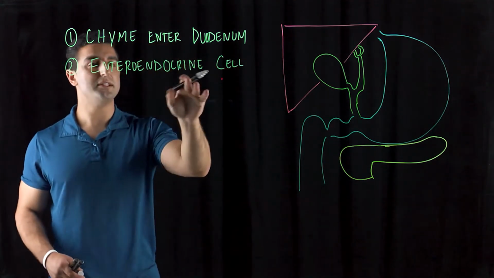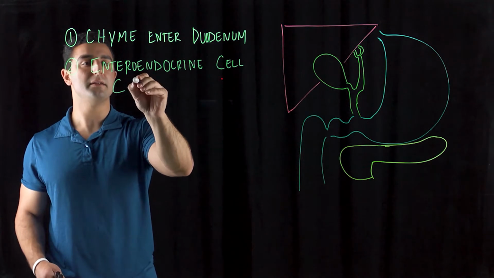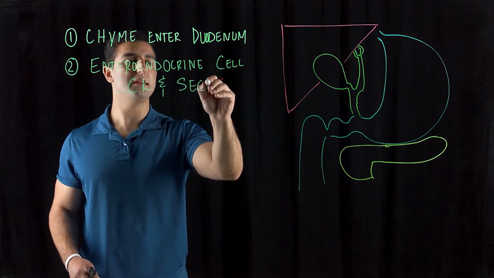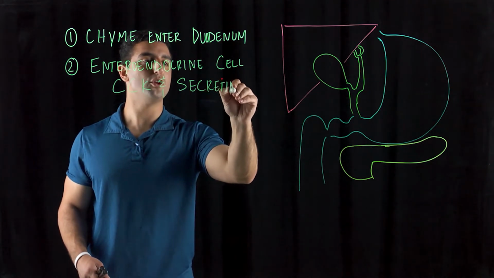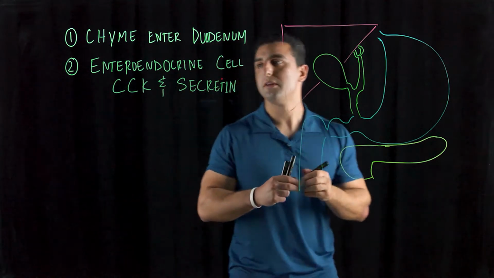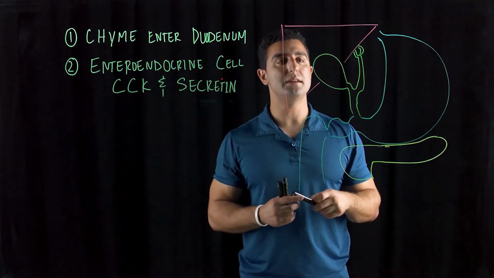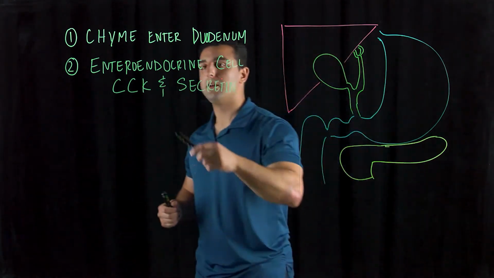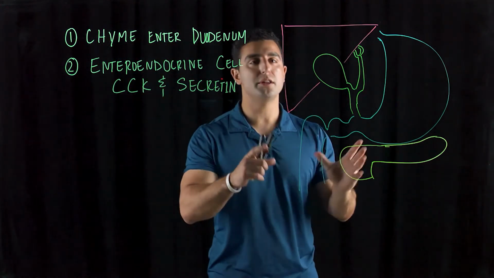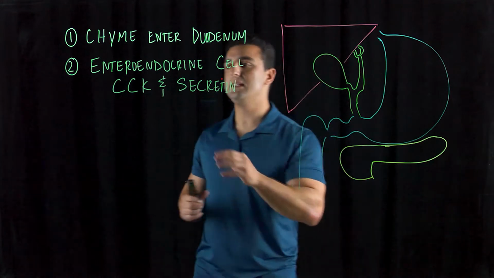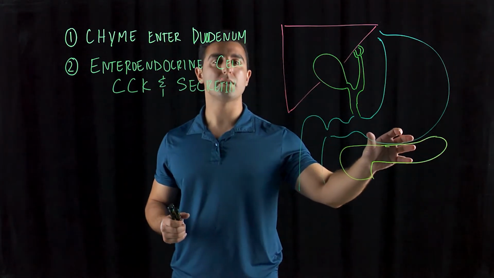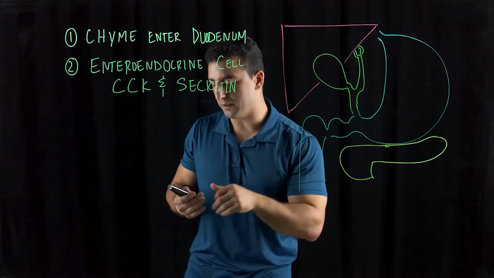So enteroendocrine cells secrete CCK and secretin into the bloodstream. Now you have these hormones that are supposed to help further enhance digestion and breakdown in the duodenum. Now, these two hormones, when they enter the bloodstream, go to their respective targets. CCK and secretin migrate to the pancreas, liver, and the gallbladder.